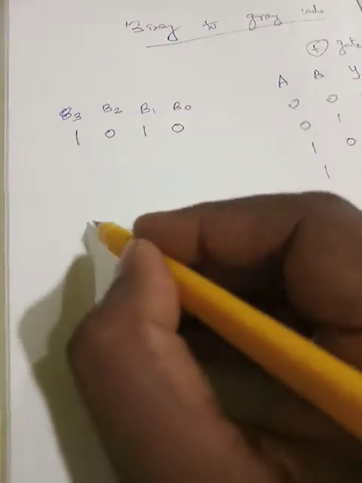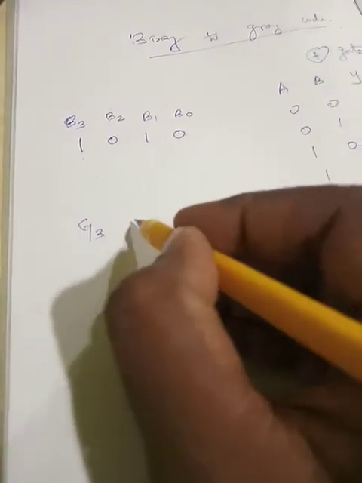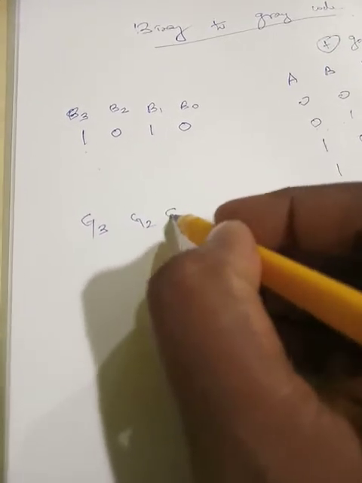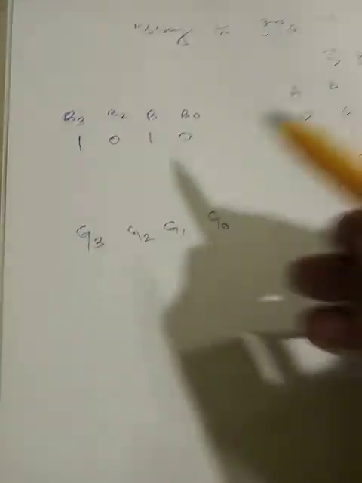Here I am going to convert to gray code, G3, G2, G1 and G0.